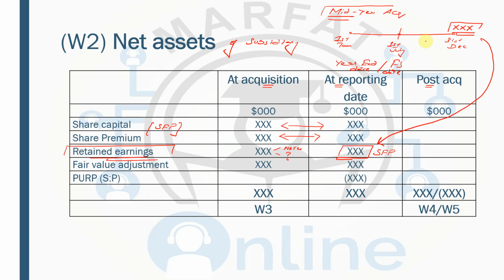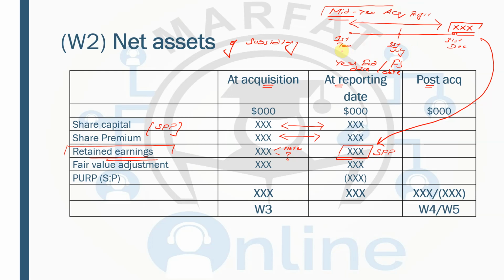Now how can we calculate this retained earning at acquisition? In addition to the retained earnings at reporting date, the full year profit will be given as well. The full year profit means the profit for the year, and for the months it is the profit divided by 12.